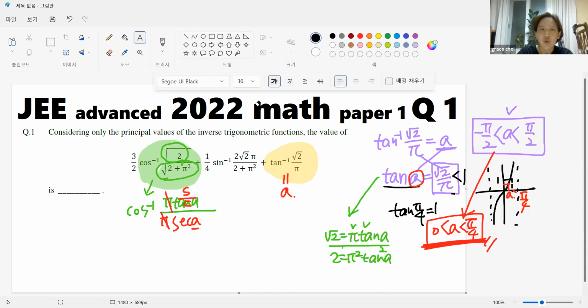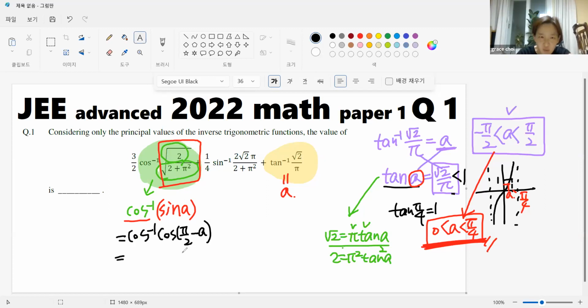Instead of secant, we can say 1 over cosine. Very good. Simplify more. So this complicated part is simply sine A. But it's not sine inverse, not cosine inverse. How about this? Instead of sine, cosine of pi over 2 minus A. No problem at all.